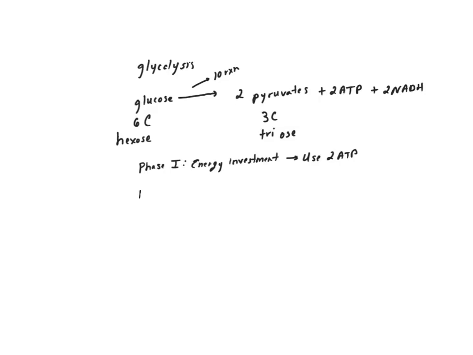Then we come to phase 2, where through the art of chemical magic, we essentially isomerize our really low potential energy compounds and make very high potential energy compounds, right? This is what we call the energy output or energy generation phase.